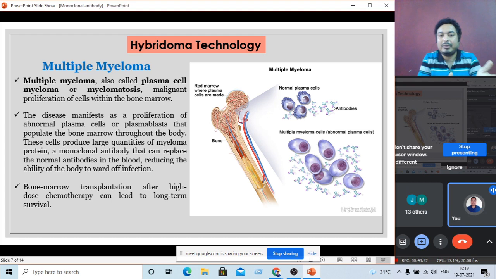And these numerous antibodies can be used for treating different types of diseases. Okay, and they can be stored in different storage mechanisms for a longer period, for years, even thousands of years, because all are immortal cells. Okay, so this technology is called hybridoma technology. Now let's go to the details of the hybridoma technology.